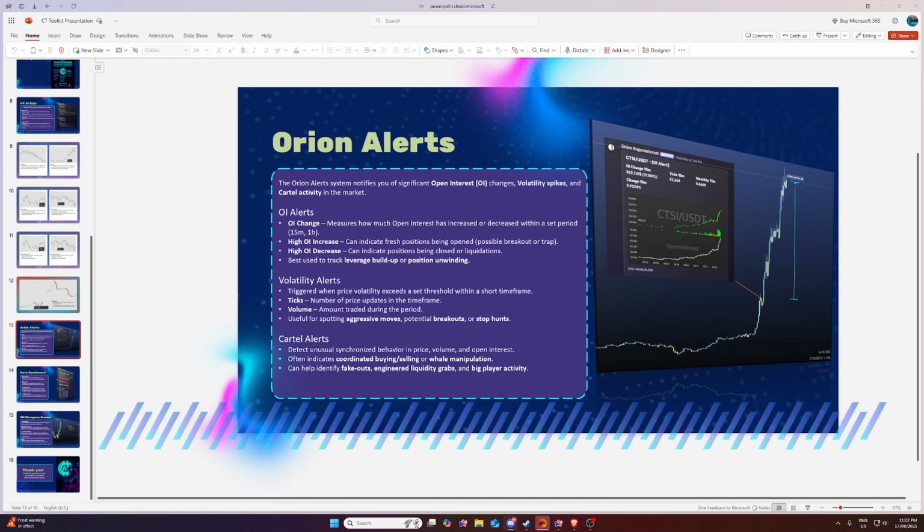As with the open interest alerts, a lot of them you wouldn't be able to really take any action on, but there definitely are situations where the cartel alert aligns with the recent price action and subsequently offers a really good trading opportunity.